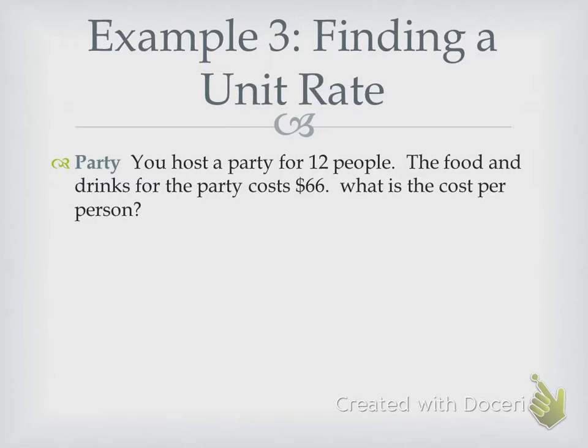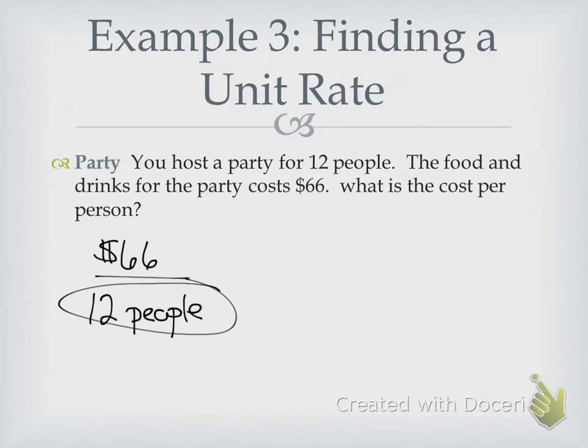Okay, so if it's per person, it's going to be $66 over 12 people. Again, because it's asking me how much per person, that's why people goes in the denominator. Then whatever number is in my denominator, that's what I'm dividing by. So I'm basically just dividing 66 divided by 12.